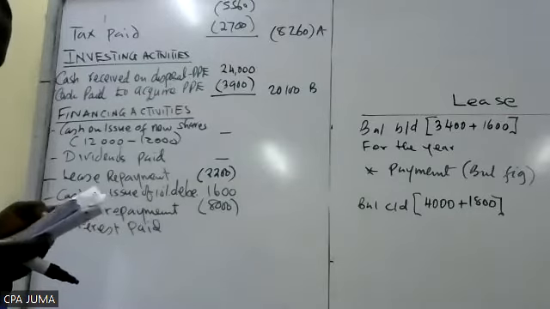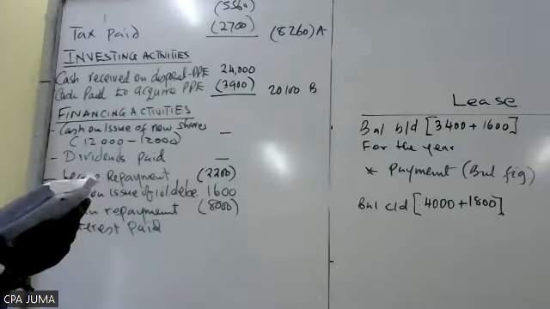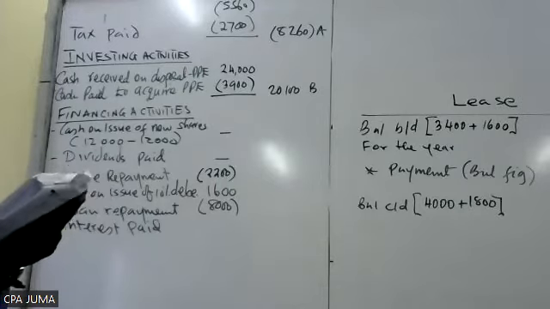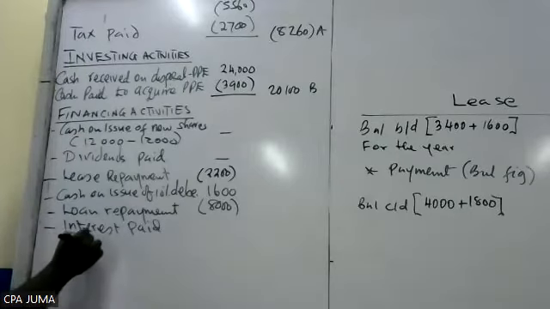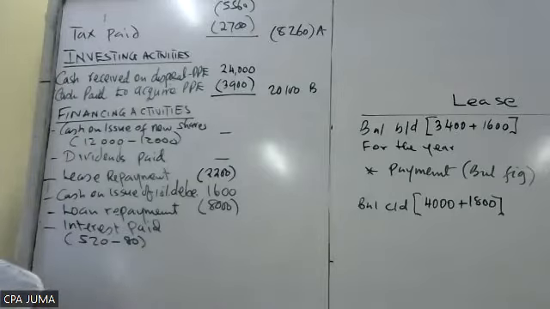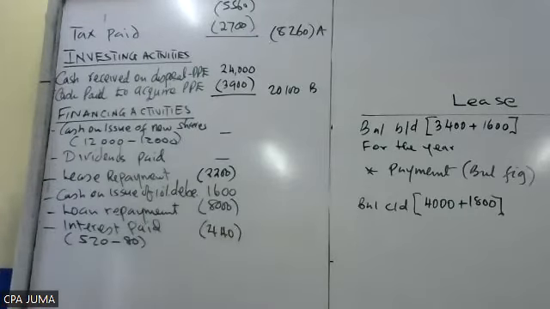In P&L, there is interest payable of 520. And above it there is interest receivable of how much? 80. So you are paying 520 and you're receiving 80. So the net paid is 520 minus what? 80. So we are paying how much? 440. Correct. We are done, by the way.